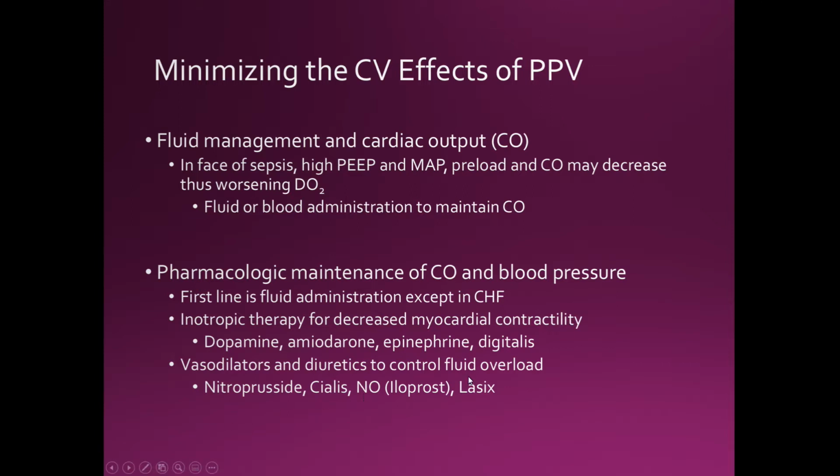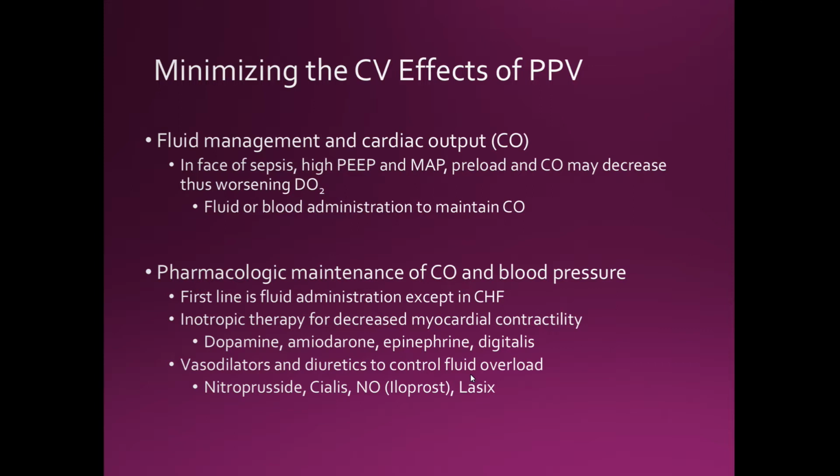Vasodilators and diuretics to control fluid overload. And now we're talking about CHF here. So with our CHF patients, they have so much fluid, you want to vasodilate, because the more fluid you have and you're constricted, that's going to increase pressure. That's going to give you more hypertension. So we want to vasodilate because they have so much fluid.